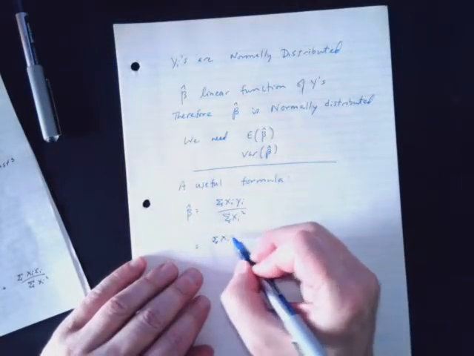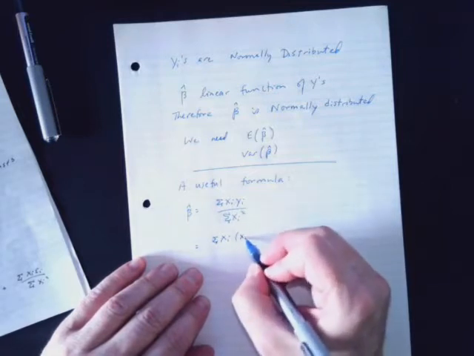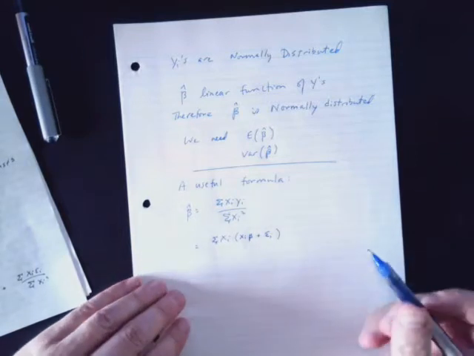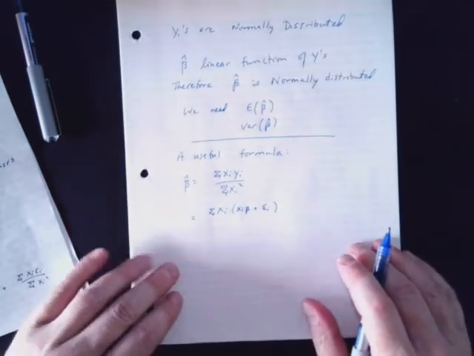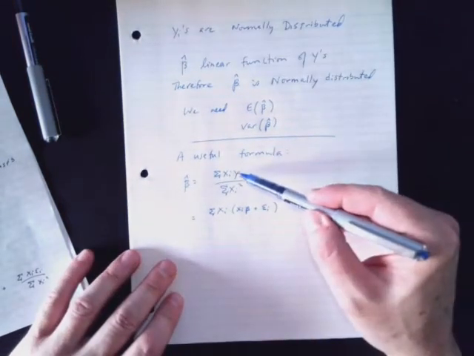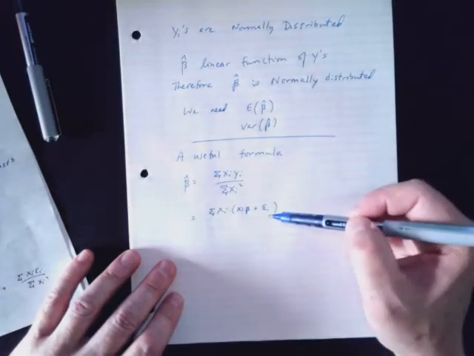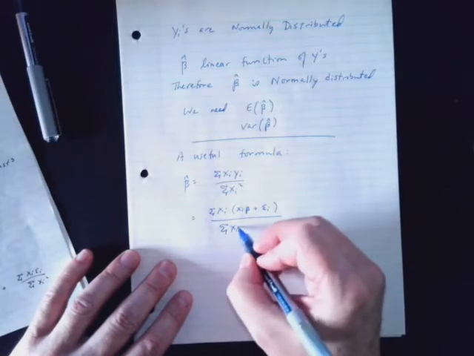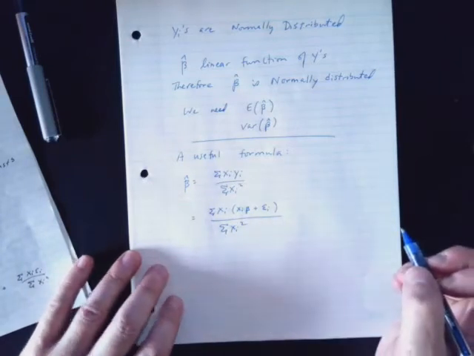And y is x beta plus epsilon, right? So that's the regression model that we're using. So we're just taking y and replacing it with x beta plus epsilon, and we've got xi squared on the bottom.